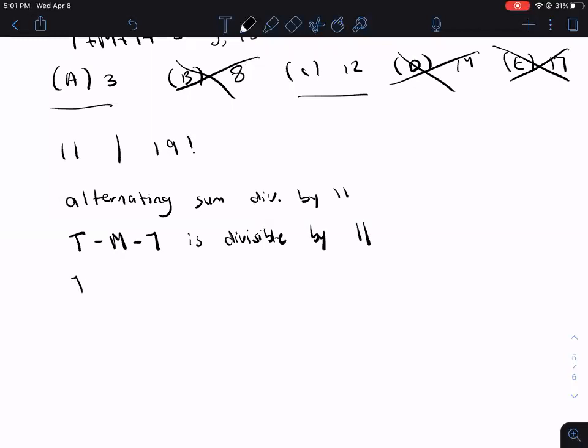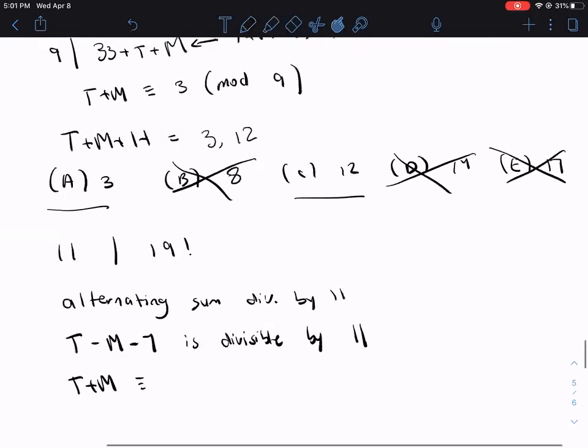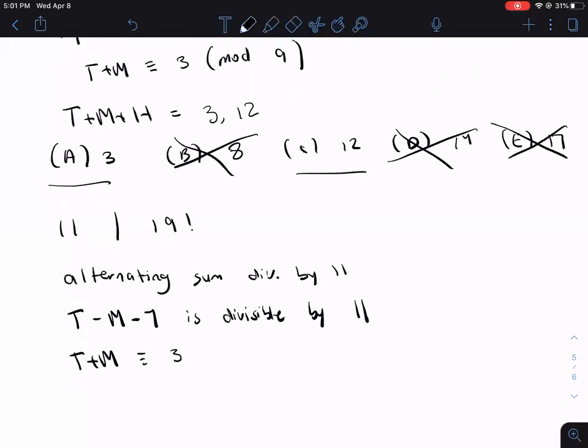And you also know that t plus m, written with mod notation, which we're going to explain next class, so don't worry if this is a bit confusing, is 3 mod 9. And t minus m is equal to 7 mod 11.